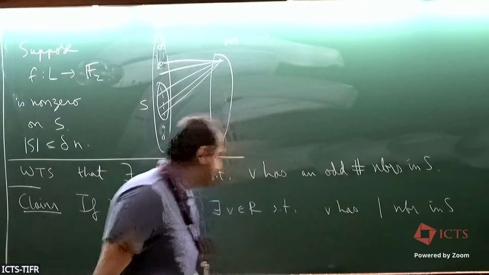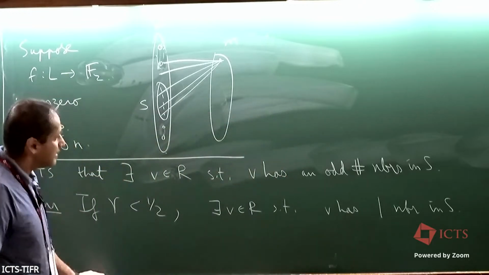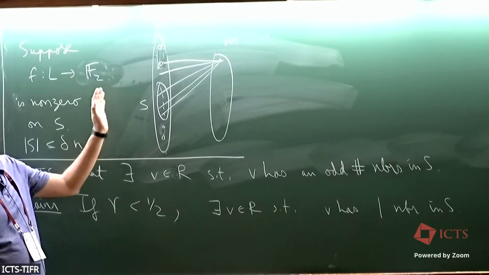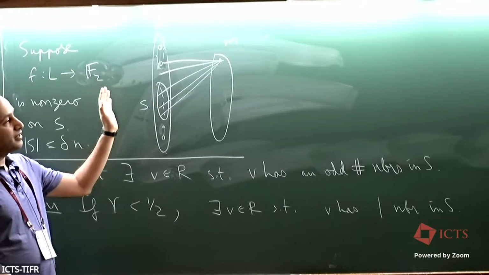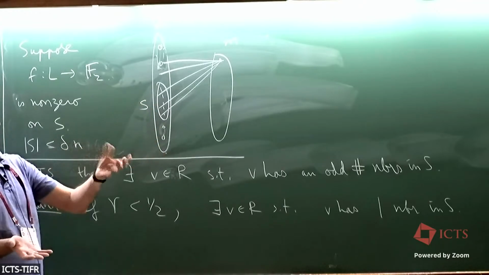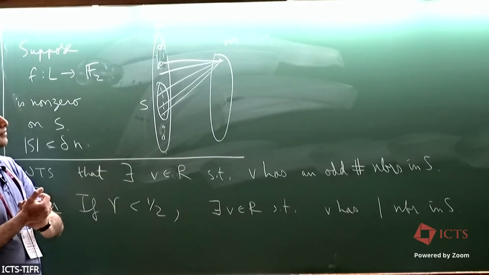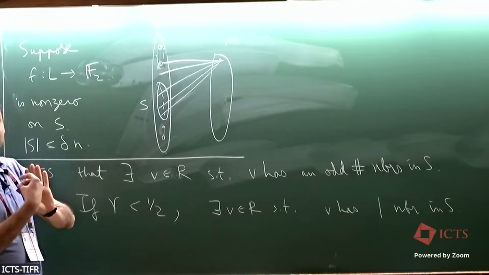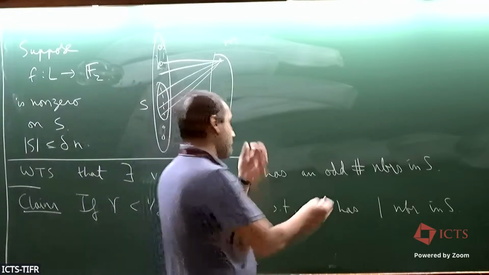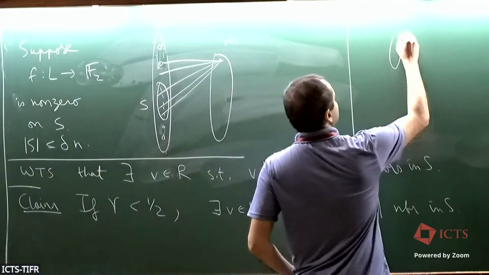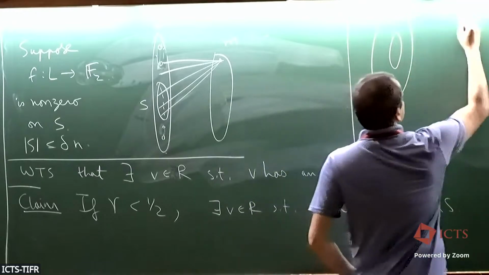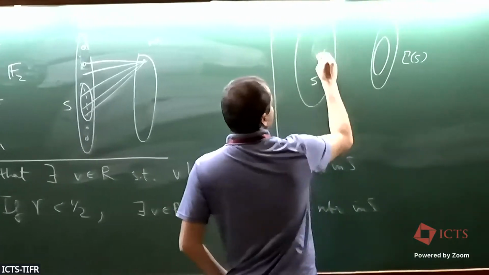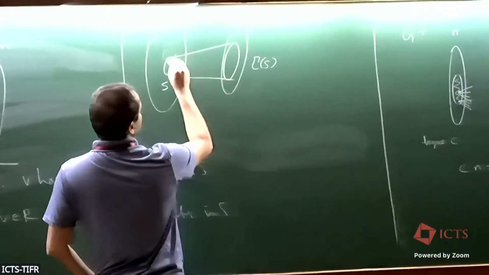Okay. So why is this? This is because of extreme expansion. If a set has so many neighbors, then these neighbors can't all have two neighbors within S. We have a set S, and I'm going to look at the neighborhood of S. S is relatively small, and it expanded so much.